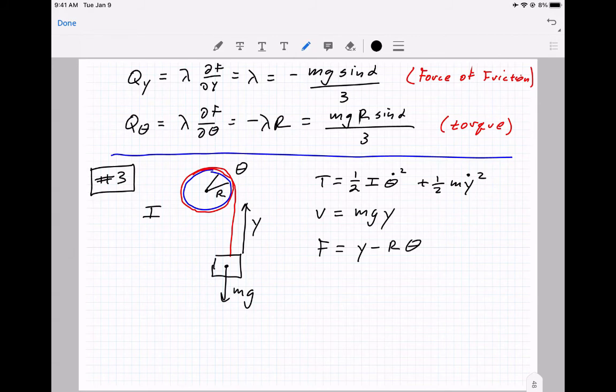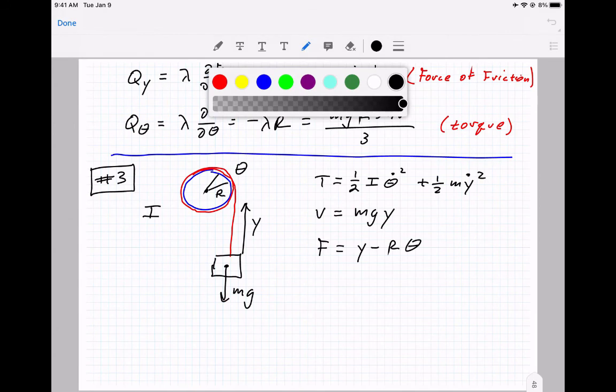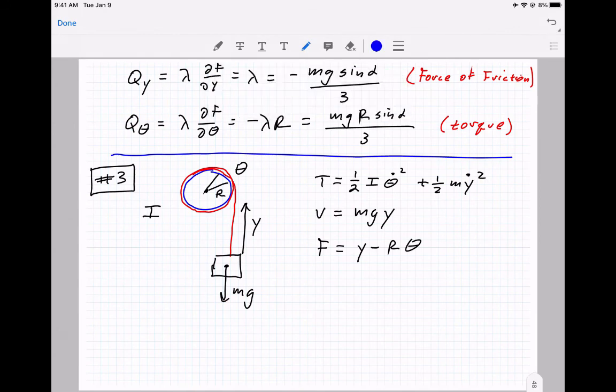Okay. And so, as I said, I'm just going to start plugging into Lagrange's equations with the multipliers. And so this will be I theta double dot plus lambda r equals 0.